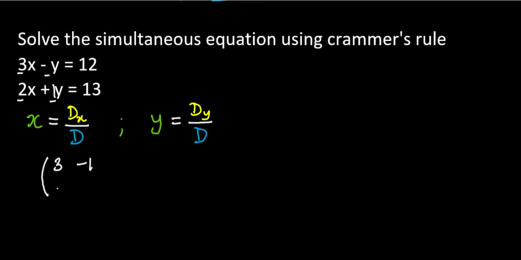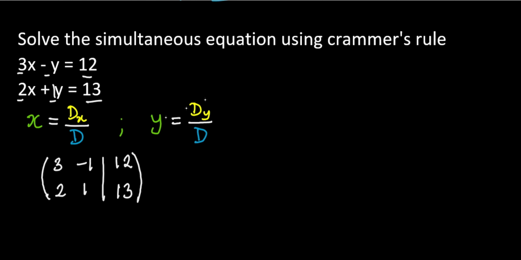Then you have a line there, and the constants are 12 and 13 for the first and second equations. So we put 12 and 13 there. In this case, we have written the entire equations in augmented form.